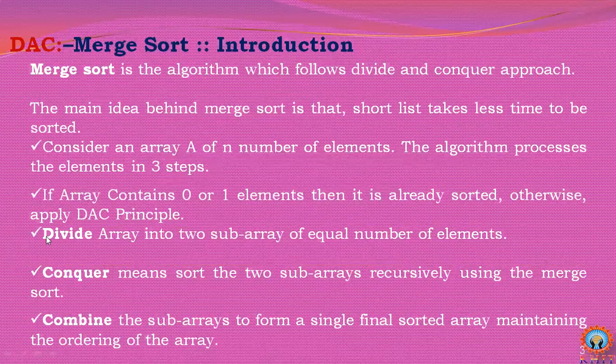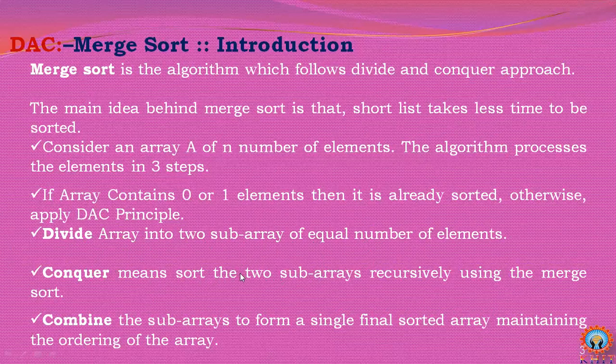When we apply the divide and conquer principle to the sorting algorithm, we need to follow three steps. The first one is divide. When we apply divide to the given problem, the array is divided into two equal sub-arrays. After that, we need to conquer it. Conquer means sorting the two sub-arrays recursively by using merge sort concepts.